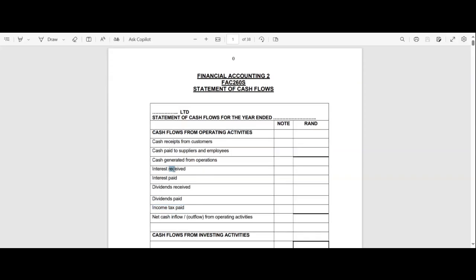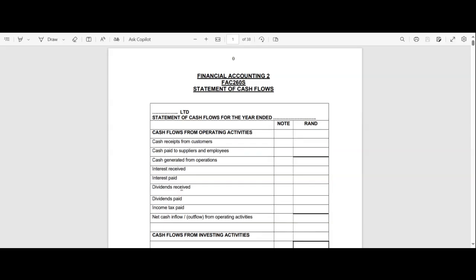What we have here is interest received, not interest income. What does interest received mean? It means the cash that we have received in our bank accounts regarding interest earned, right? What does interest paid mean? It is that portion of our finance cost or interest expense that we actually paid during the course of the year.